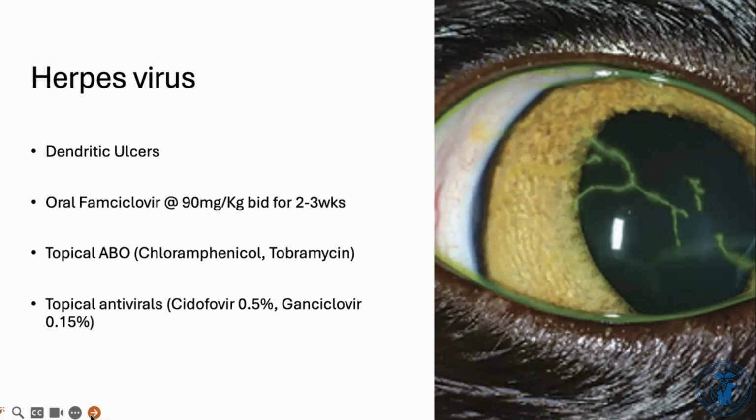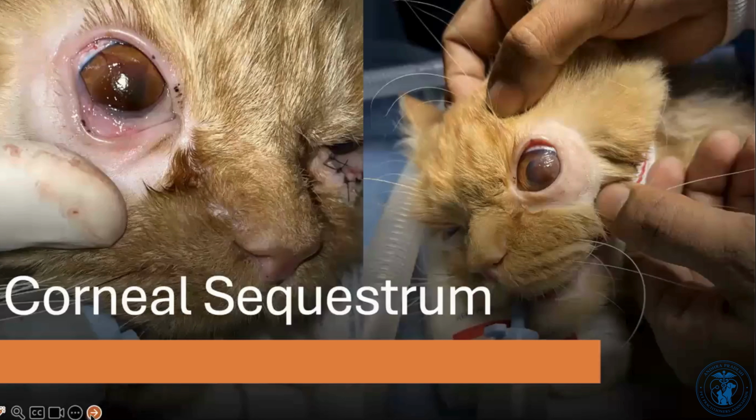And if we have to use topical antivirals, it will be 0.5% Cidofovir or Ganciclovir 0.15%. So these are all human formulations only. Other than tobramycin, I don't think we have any vet special formulations. So we can easily get them, but on the human side.